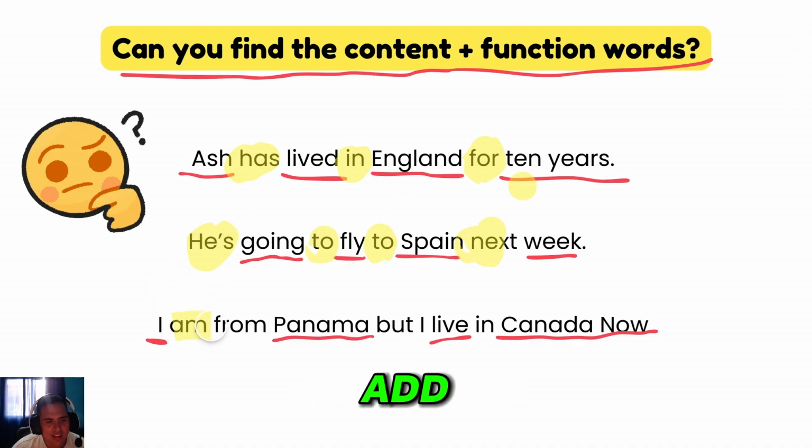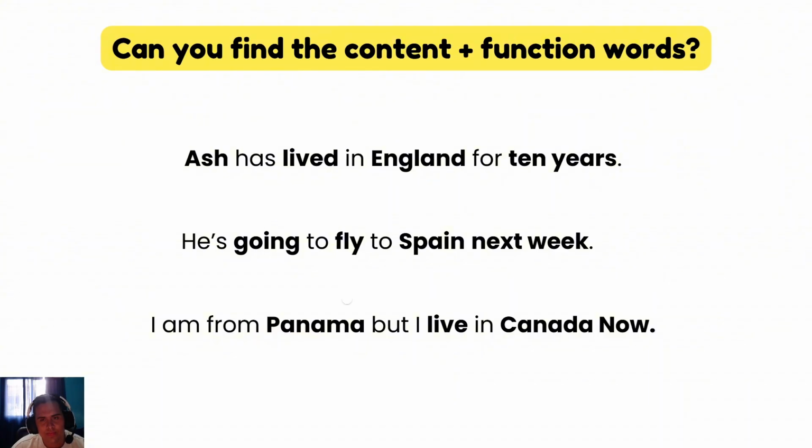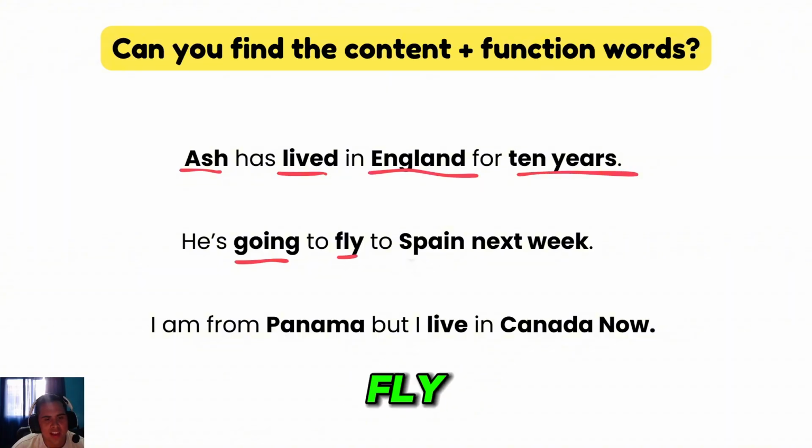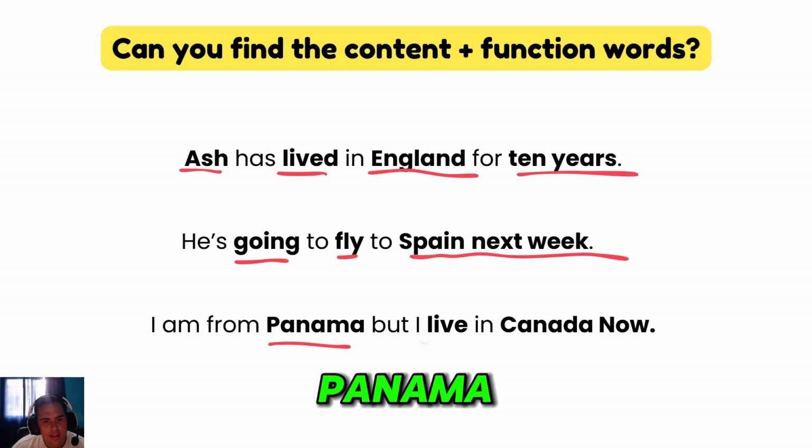If I add: I am from Panama, but I live in Canada now. Yes, we can see here: Ash lived England 10 years. He's going to fly to Spain next week. Panama leave Canada now.